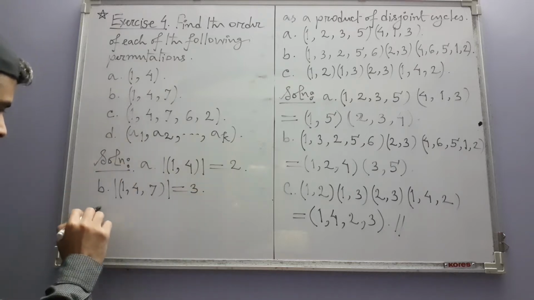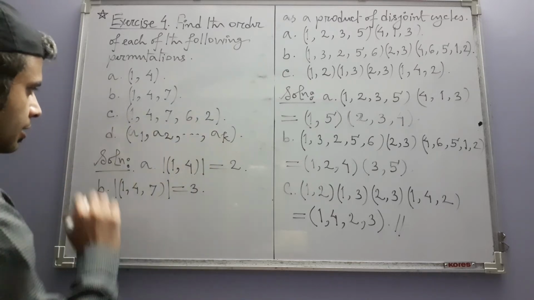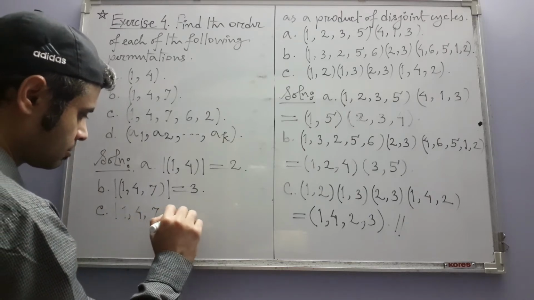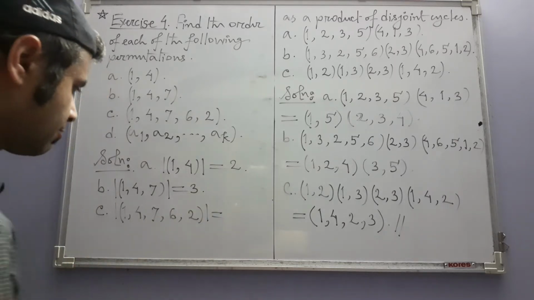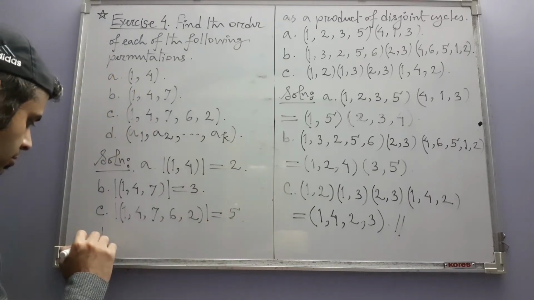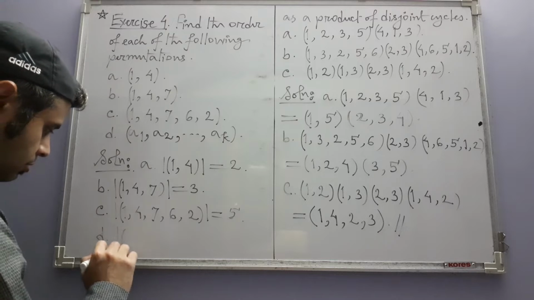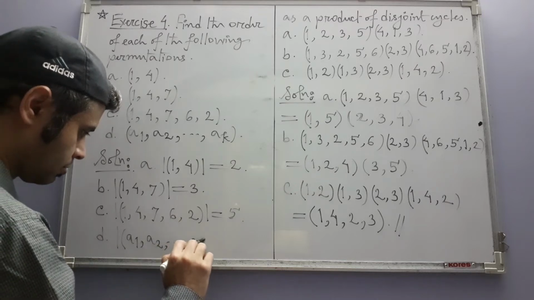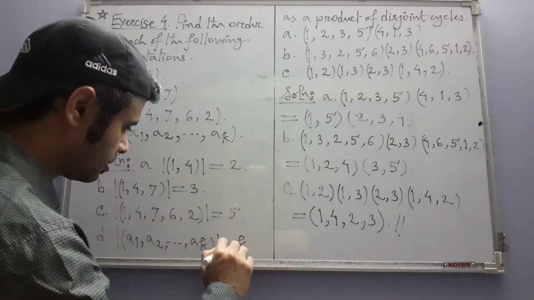So its order is 3. In this one this is the 5 cycle, so this is 5, and here this is the k cycle, so the order is k.